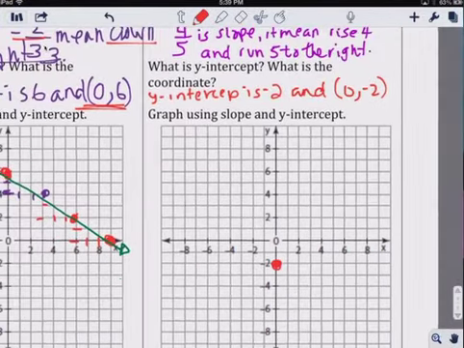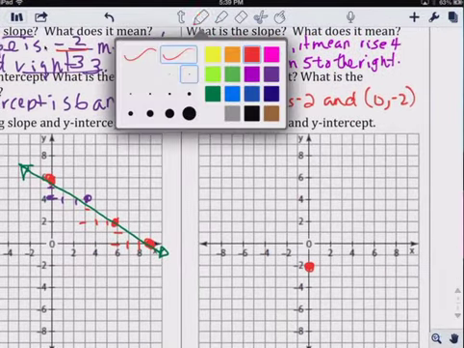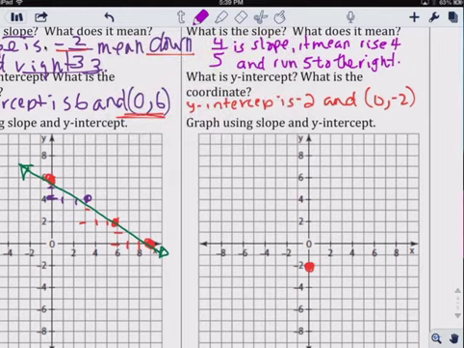And let's graph that using slope. Remember the slope means to run 5 and rise 4. Rise because it's a positive. So from this point right here, you rise 4, 1, 2, 3, 4, run 5, 1, 2, 3, 4, 5.